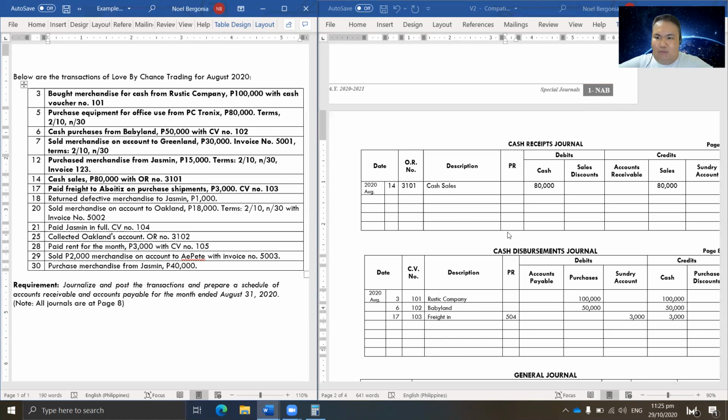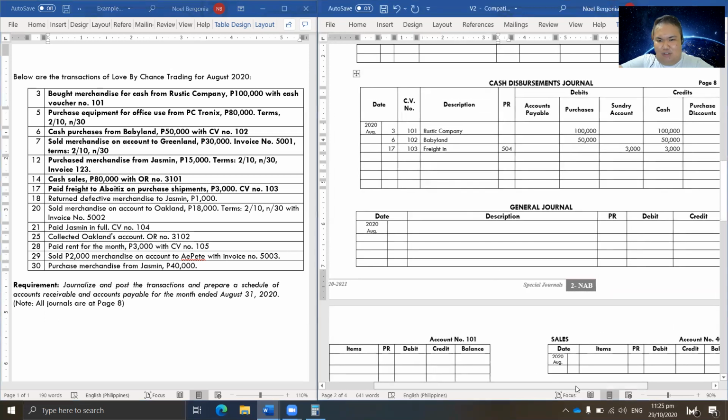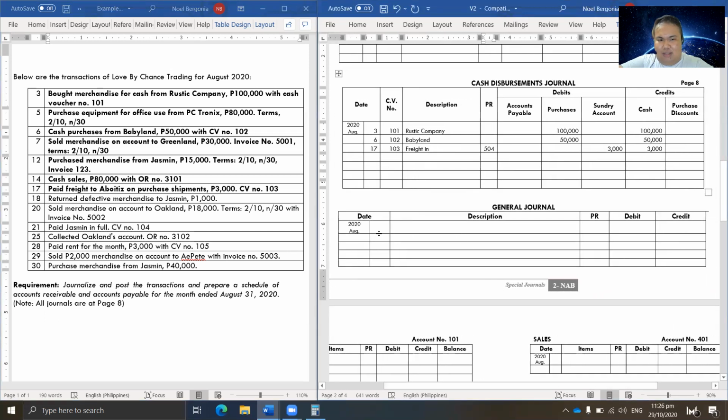So how are we going to do that? Okay, so puntahan natin ngayon si general journal. So nandito na po tayo sa general journal. So let's record. It would be on August 18. Okay. Ano yung entry ulit? Debit, accounts payable. Sino yung pinagkakautangan natin? Jasmine. Okay, so mamaya pupuntahan natin yung Jasmine na subsidiary. Bakit?